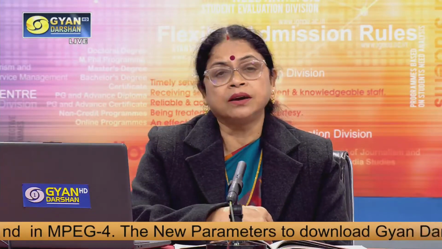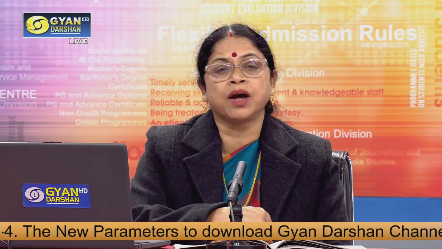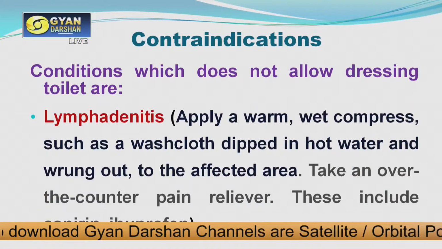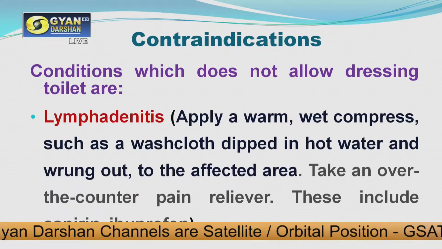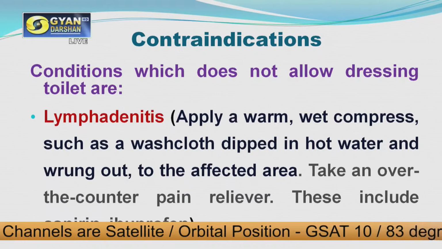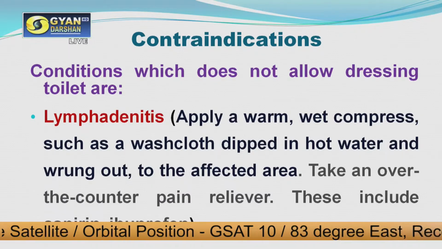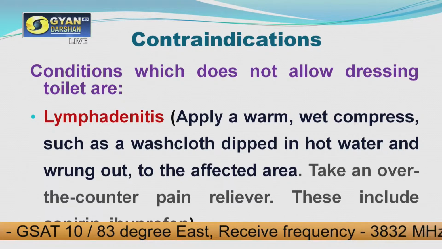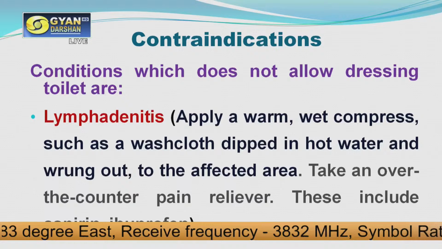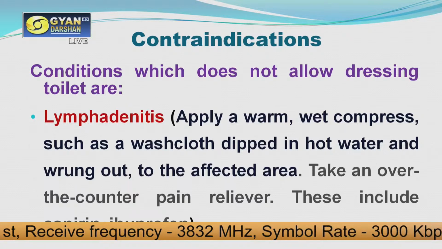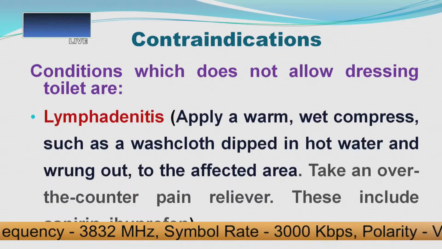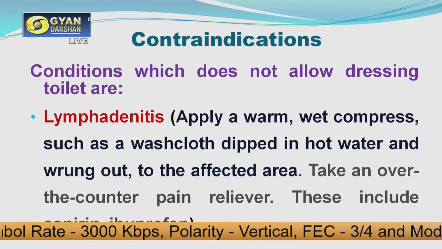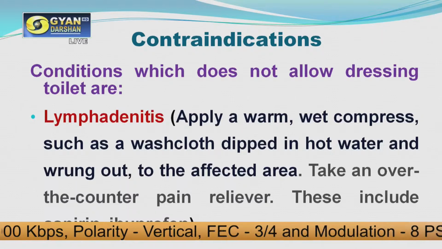Then another condition in which you do not need to do the dressing or protect it is lymphadenitis, in which the lymph nodes swell up. In this you usually advise applying a warm, wet compress: a washcloth dipped in hot water, then wrung out to remove the water, and it is hot.